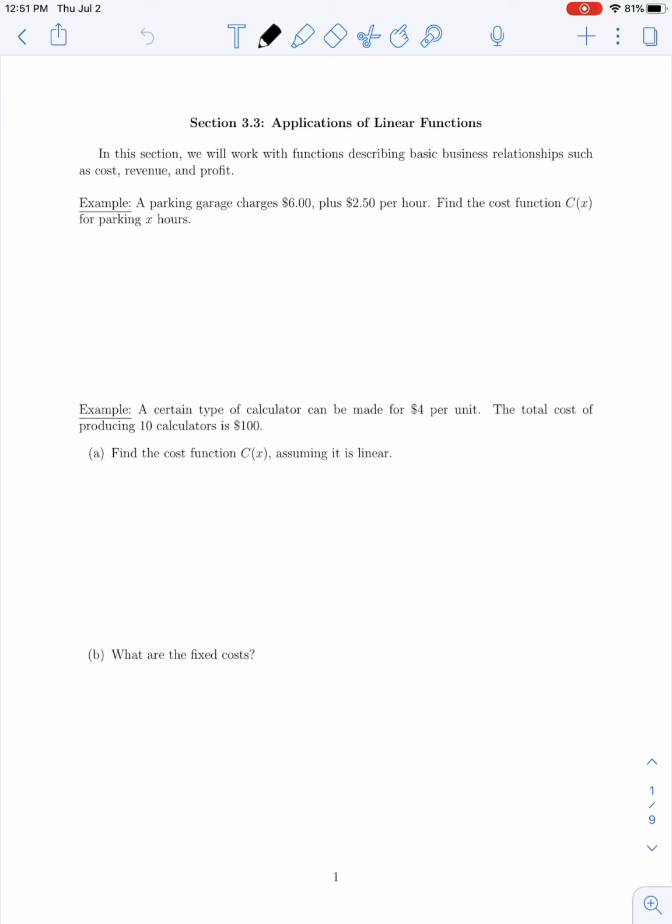So here our cost function, which we're denoting as c of x, is given by the initial cost to enter the parking garage, which was $6, and then plus an additional $2.50 per hour. So that is $2.50 per hour, and then we're multiplying by x, the number of hours which we have parked. So the following would be the cost function for parking for a period of x hours.